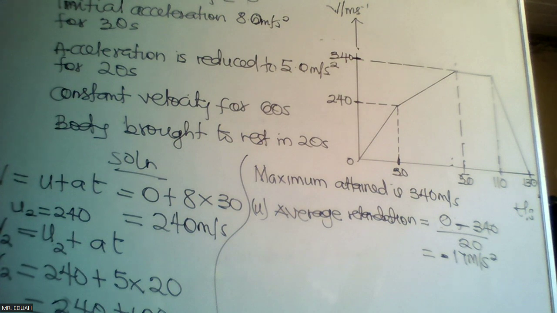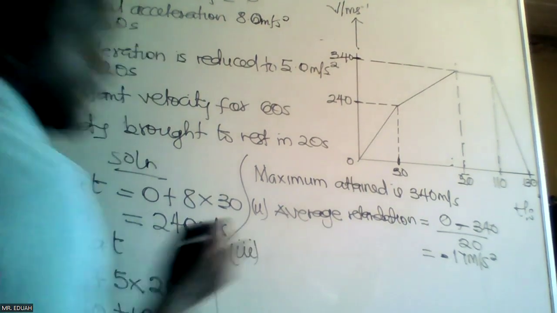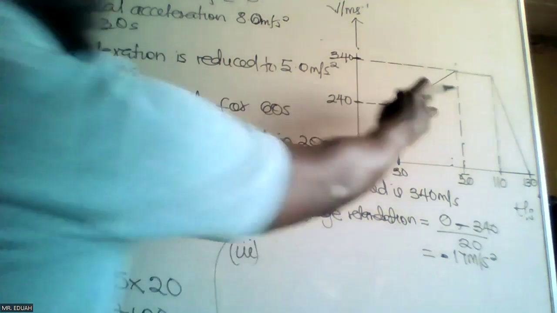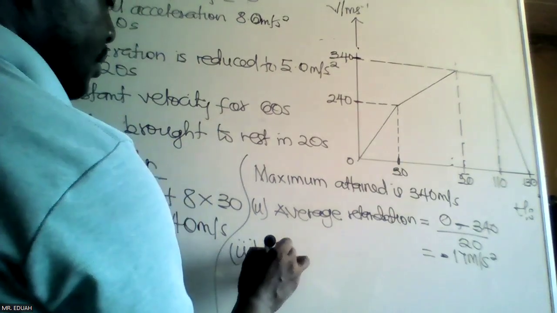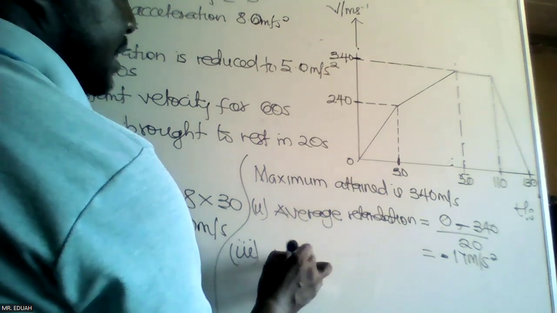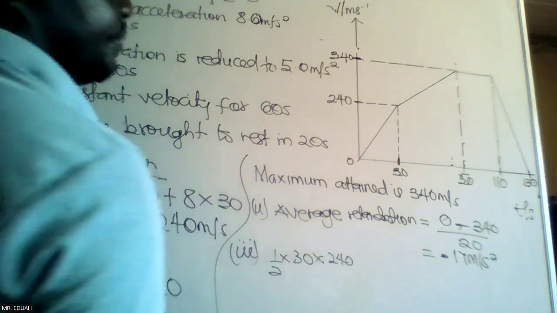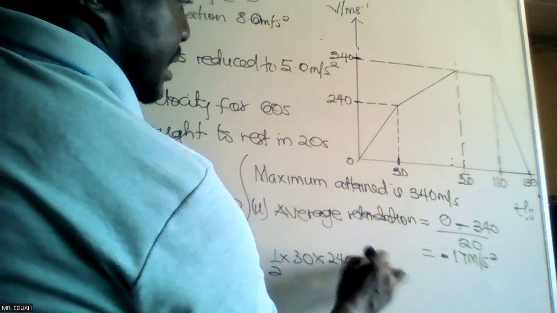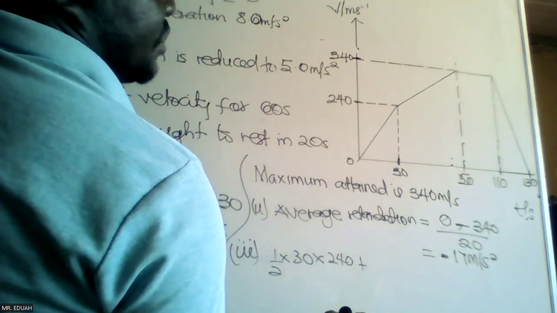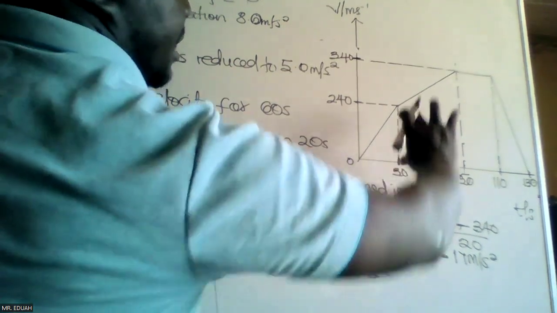Total distance traveled during the first 50 seconds is the area of this. Okay. And that will be half base 30 times height 240 plus, this is a trapezium, half of A plus B times height.